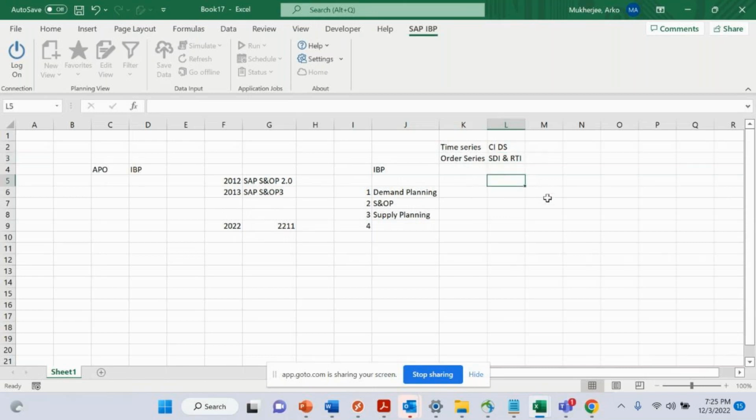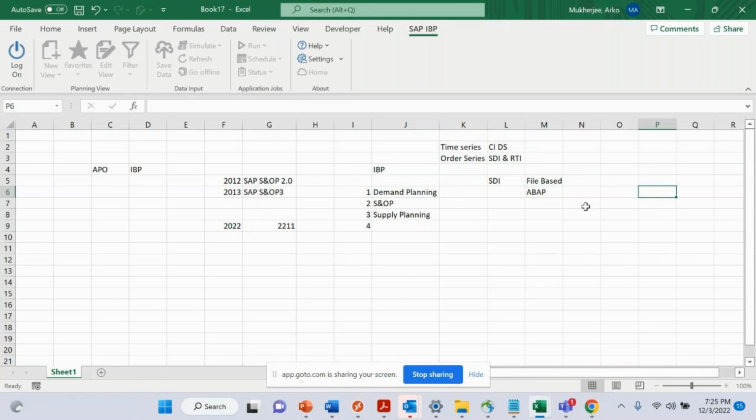In SDI we have two types of adapters. We will go through all these things, but for an overview, SDI operates on two types of adapters: one is the file based adapter and the other is the ABAP adapter.